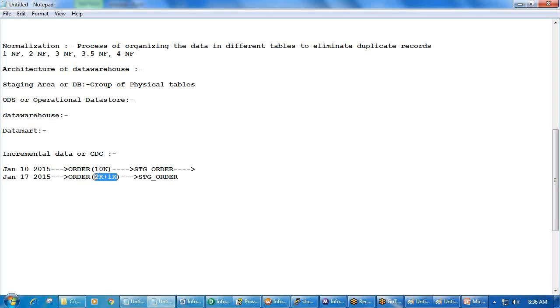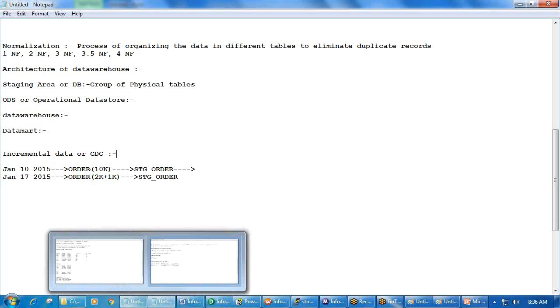These 3K records are called incremental data. Let's put the definition this way: when you say incremental data or CDC, the data which is added or modified in your transactional system after your last extraction is called incremental data. You understand my term?